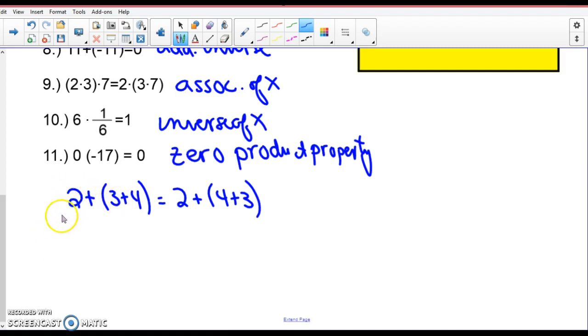Look, on the left side, the order is 2, 3, 4, and over here it's 2, 4, 3. Kids see these grouping symbols and they automatically say it's associative. No, the grouping didn't change. 3 and 4 are grouped. 3 and 4 are still grouped. What changed is the order of the 3 and the 4. So this is commutative of addition. So just be careful with that, because it looks like associative, but it's actually commutative. All right.